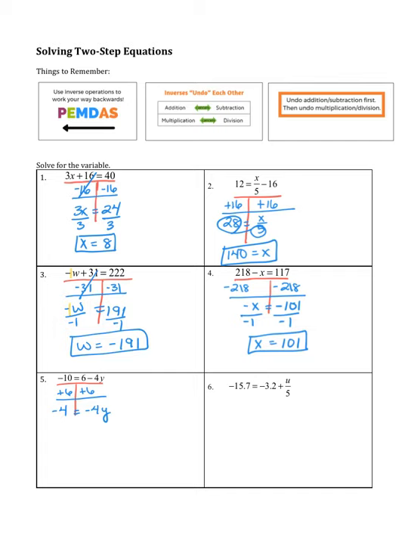I need positive 1y, so I divide by whatever is in front of the y. That's a -4. 1 equals y. There we go. When you divide something by itself, it's not 0, it's 1, because you're not subtracting, you're dividing. That shows up sometimes. All right.